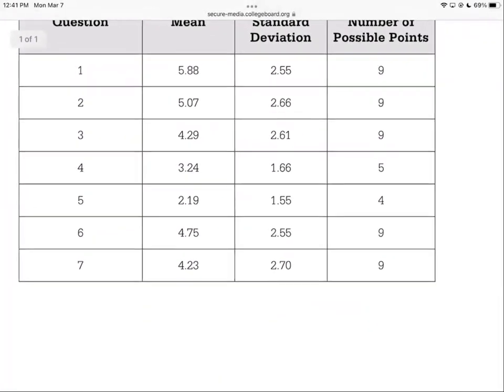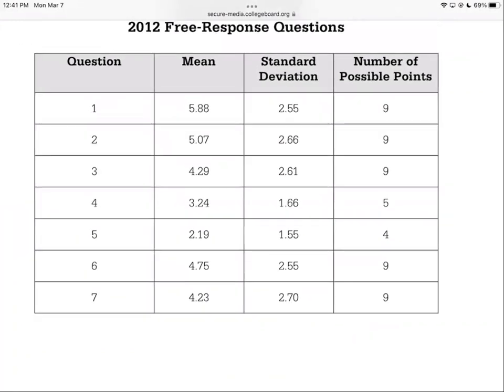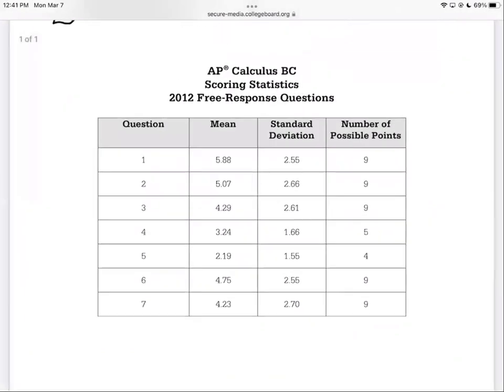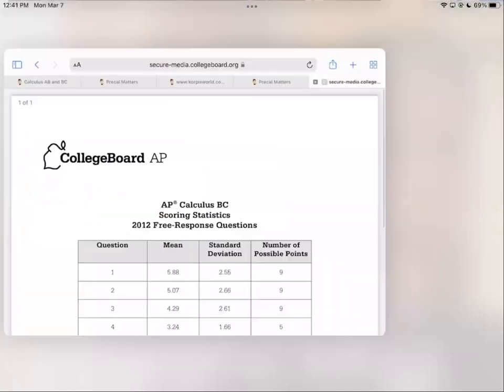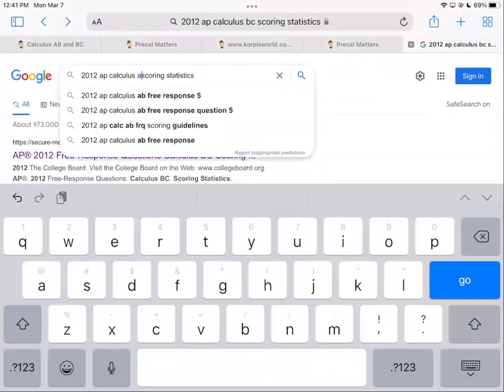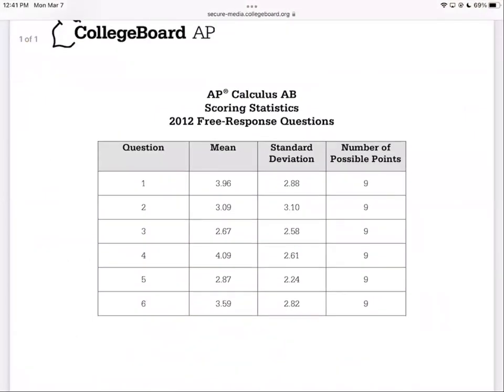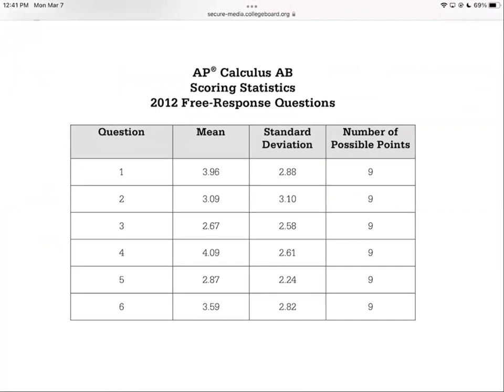Let's look at this one. There you go. So this is AB. Y'all's was a little bit higher because y'all's had a split question in there on one of them. I didn't know what numbers it was, but here there's 6 questions, right? Look at number 5. That's the baby bird. So the average AB student got less than 3 points.